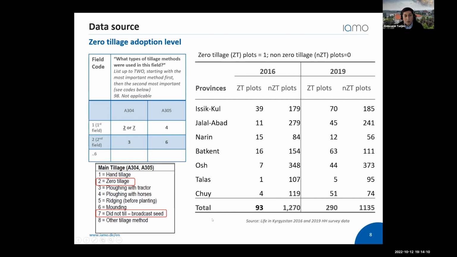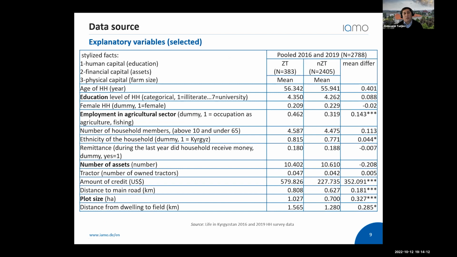Here are some explanatory variables used in our model, but in this table I give some selected variables across adopters and non-adopters, and these variables are for both years.